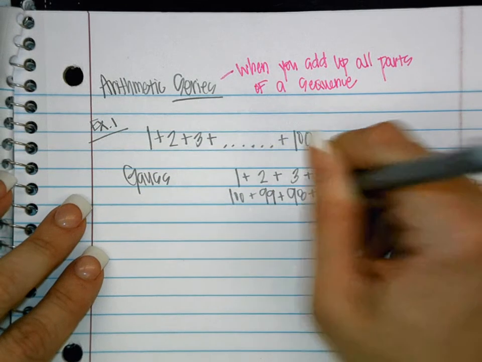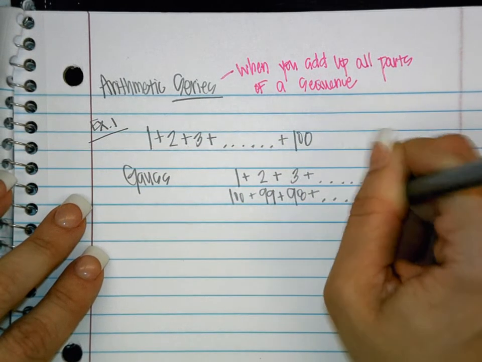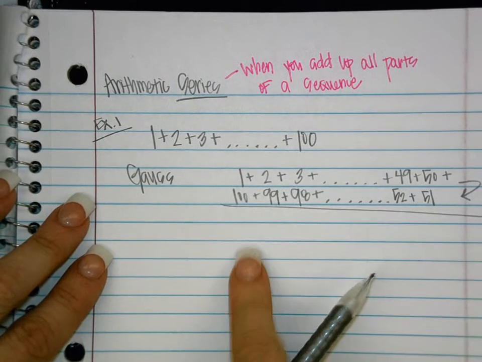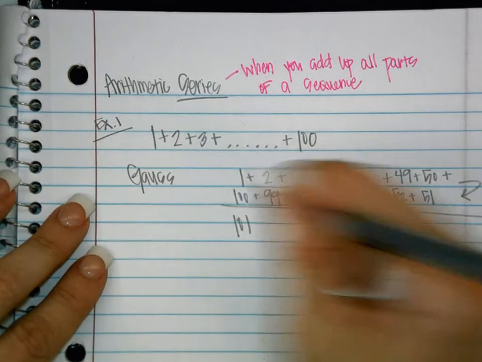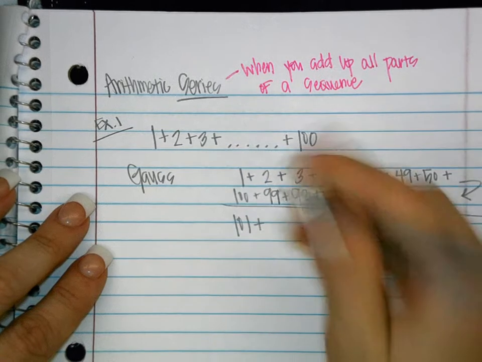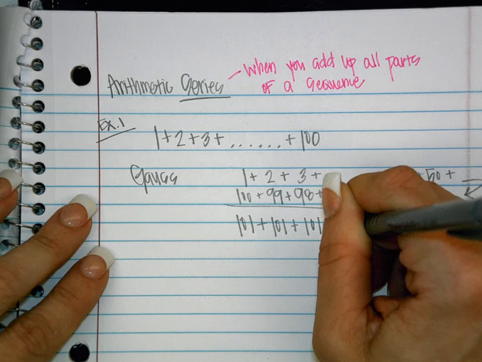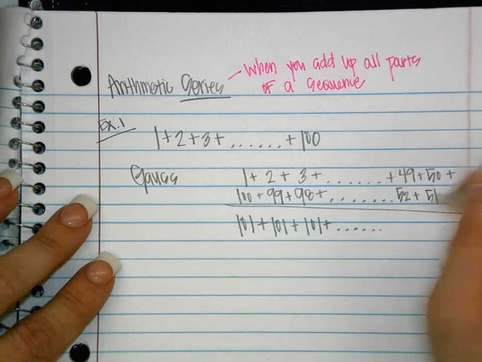And he would add them all up together. He realized there was a pattern here. 1 plus 100 is 101. 2 plus 99 is 101. He realized there would be a lot of sets of 101. Again, 101.